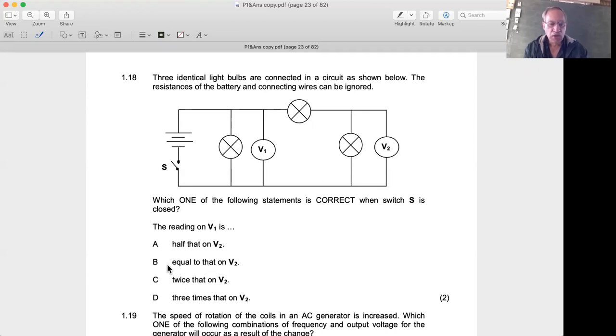Let's just see, they say that. The reading on V1 is twice that on V2, or 3 times that on V2. Well, if this is the full resistance, then each time it goes through a bulb, it drops by half and then drops by half again because they're identical. So that's going to be half the resistance. If there were 3 bulbs, it dropped by 1/3. So the answer is going to be twice that on V2.